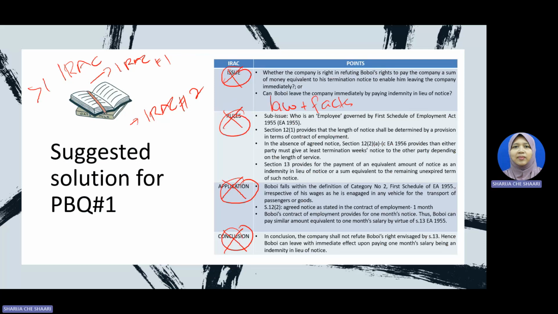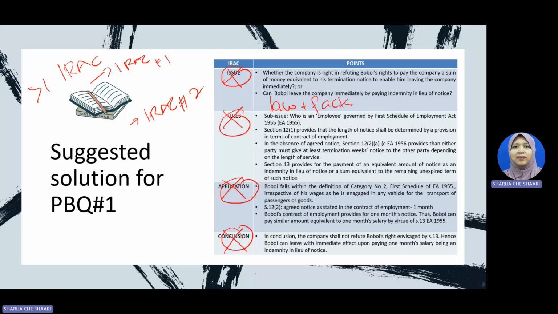You explain that section 12(1) provides that there must be an agreed termination notice. When you check the facts, it shows that Boboy has to give 1 month's notice. So section 12(2)(a) until (c) is not applicable to Boboy, because Boboy has an agreed notice period, that is 1 month. But now Boboy would like to leave immediately.